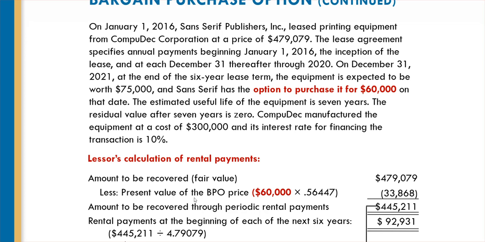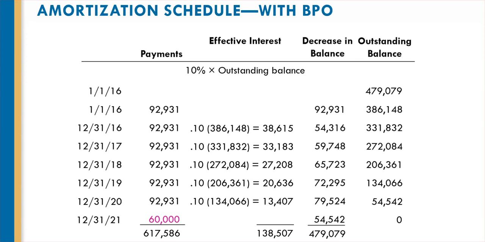If this had been residual value, you've done it exactly the same way. It'd be $60,000. The present value of the $60,000 guaranteed residual value would be this. You'd add the two together and you record the lease receivable or lease payable for that amount. When you work through it, it should look very much like the guaranteed residual value. That's why I say don't make this any more difficult than it has to be.